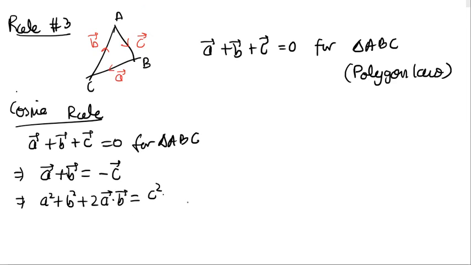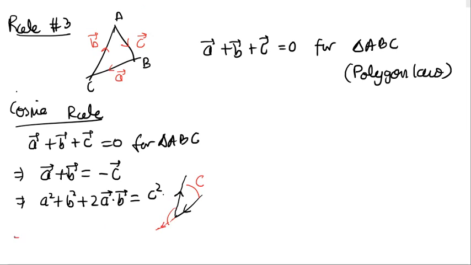Again you can see the situation that the vector a is like that and the vector b is like that, and this angle is given to you. This angle is c, but basically this angle will not be considered. You have to extend it and that angle will be considered. What will this angle be? It will be pi minus c.